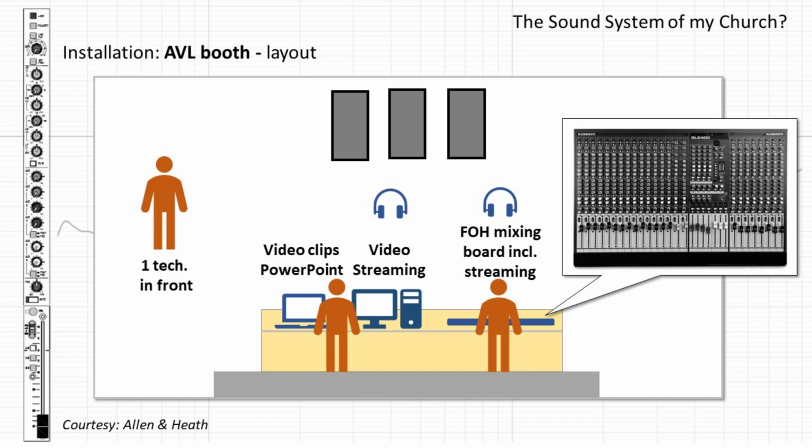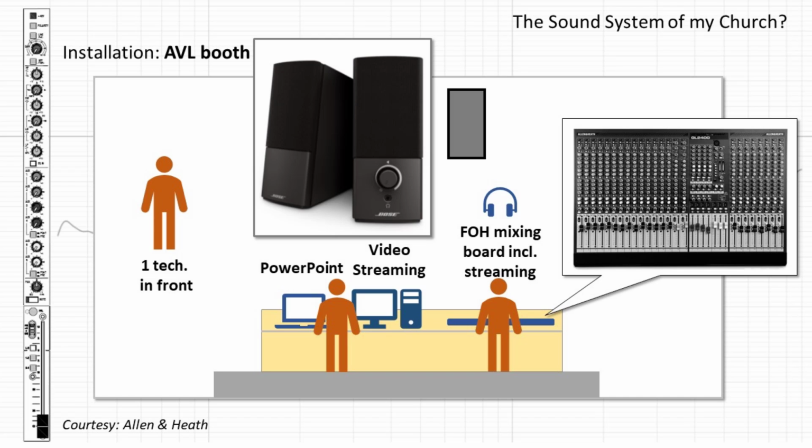Two techs are required. Also, it's well advised that the third tech sits in the front row to help on stage with mics, stands, and lecterns when needed. In addition to having earphones, a small pair of speakers in the booth may be something useful.